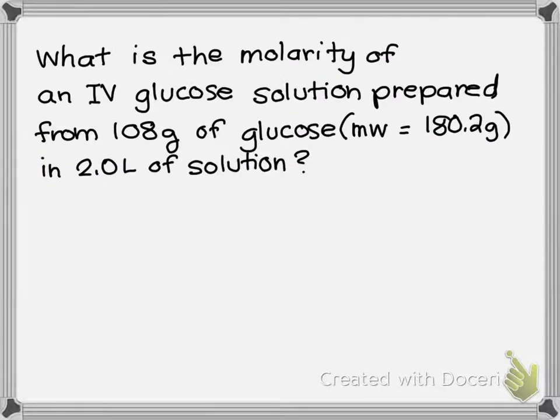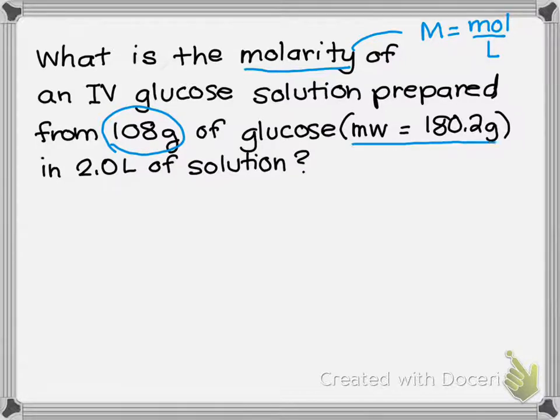So here's another question, and it's asking me about the molarity. So in my mind, molarity equals moles per liter. And this time it's of an IV glucose solution prepared from 108 grams of glucose with a molar mass, or a molecular weight, of 180.2 in 2 liters of solution.